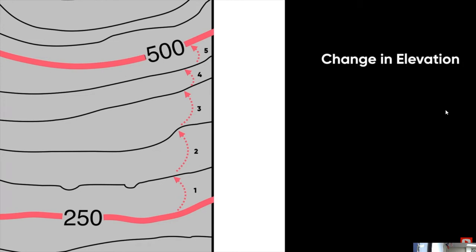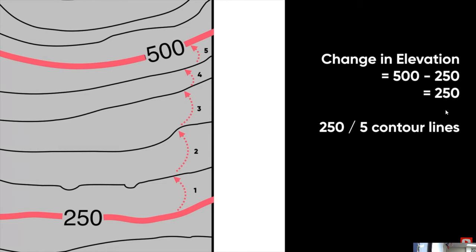Now let's do a little bit of simple math. My change in elevation here is equal to 500 minus 250, because I know that when I'm walking from one index contour to the next here, I'm going from 500 down to 250, or 250 up to 500. So I know that that difference is 250. Between these two lines, the elevation changes by 250.